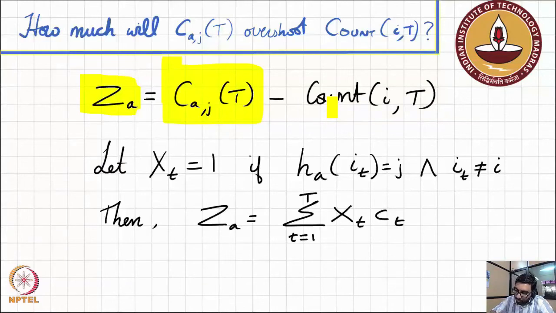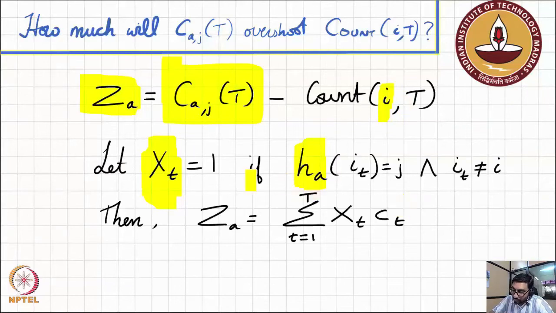Now to get a handle on ZA, we define an indicator random variable xt, and that xt is going to be 1 for all those items which, when hashed with HA, lead to the same location j as item I. Right now we're interested in how much CA comma j of t is overshooting the total count of I comma t.